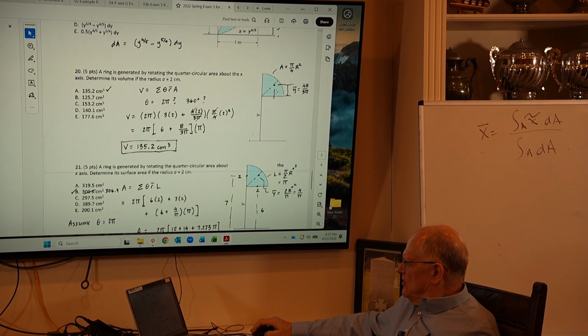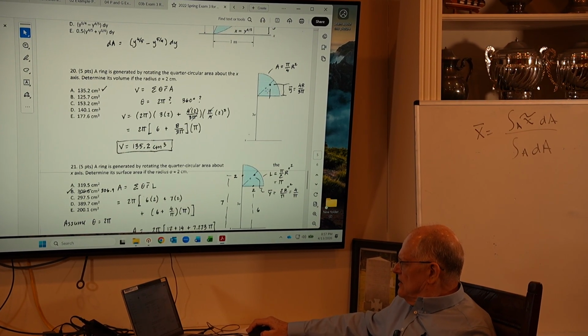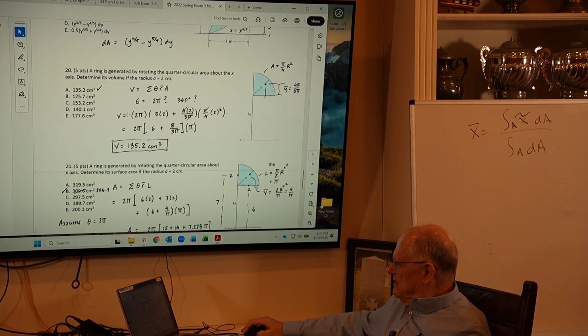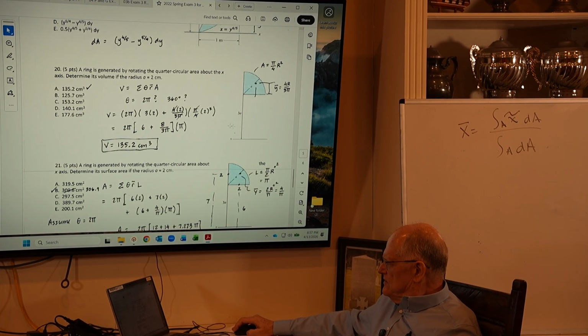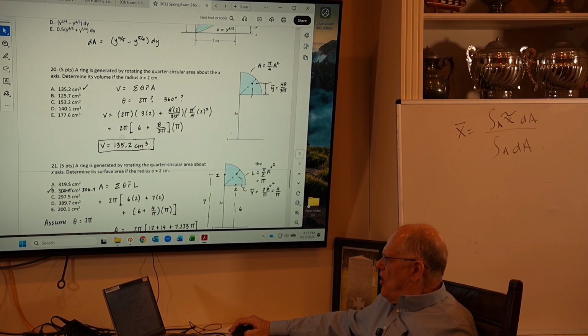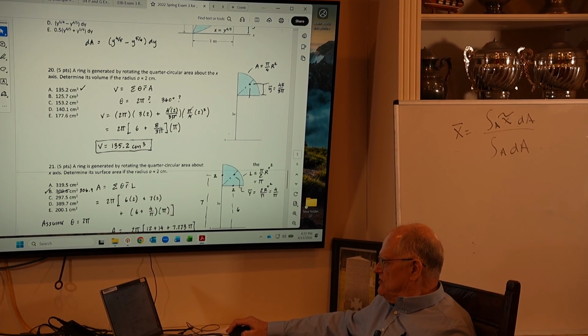There's just one area here in this picture. And so you got 2 pi. The distance is, okay, so this is the R bar.